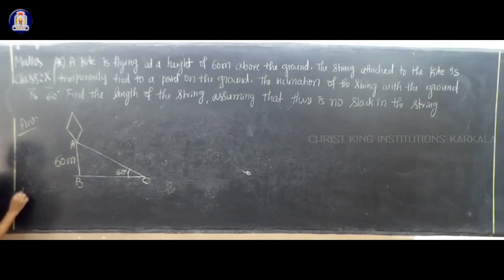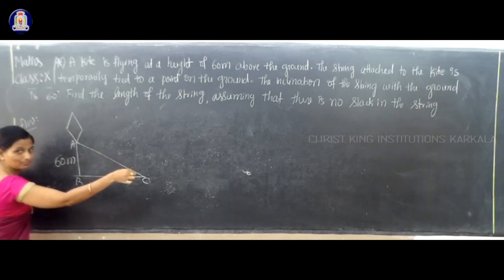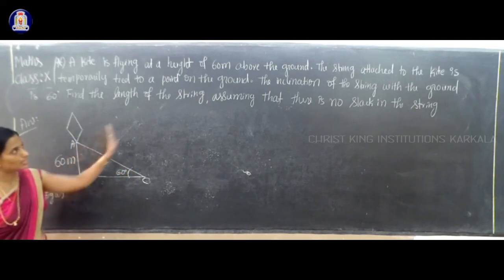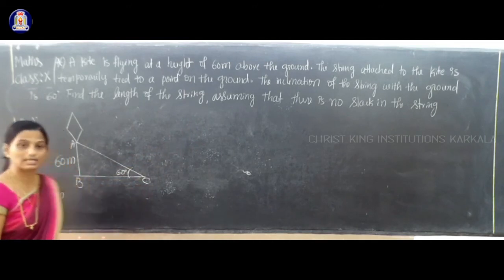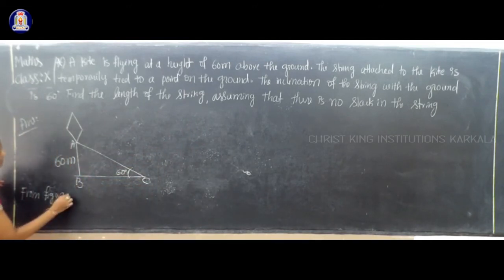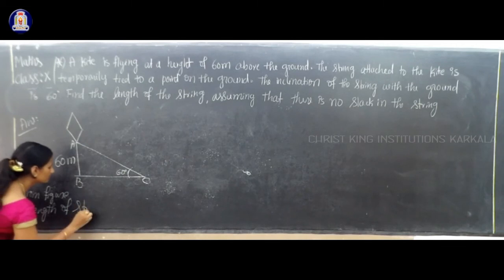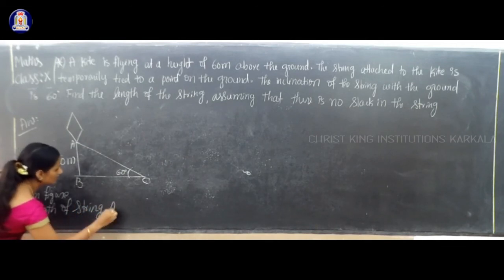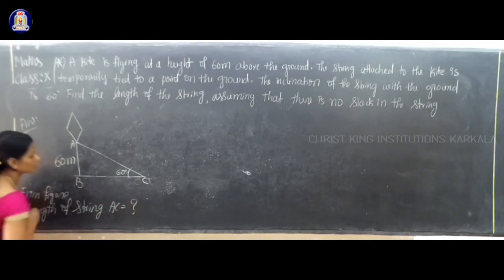From the figure, this string is not in a zigzag position. It is straight because it is given that there is no slack. From the figure, the length of the string, AC, is equal to question mark.